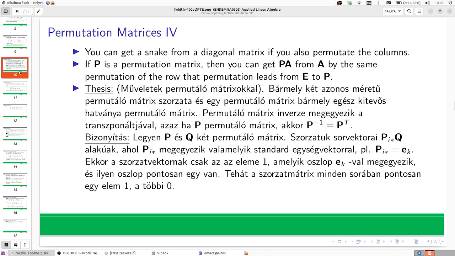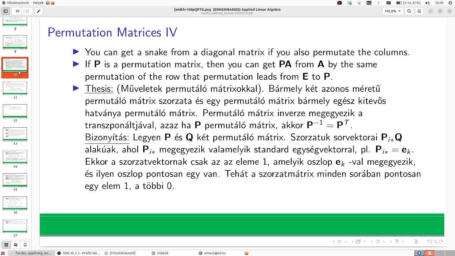So you can get a snake from a diagonal matrix if you also permute the columns. Usually these statements and theses are symmetric for rows and columns. And if P is a permutation matrix, you can get PA from A with the same permutation of the rows.